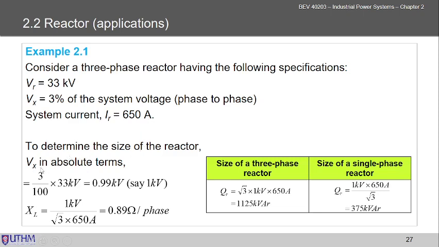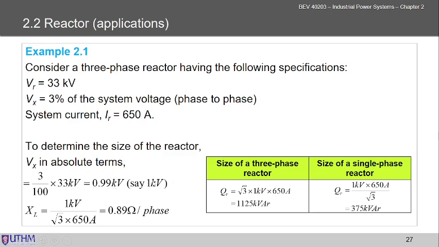That means we can calculate the size of the reactor in terms of the kVAR, because it is a Q. How to calculate it? We begin with the Vx, which is stated here as 3%. So 3 divided by 100 times 33 kV is about 0.99, or 1 kV.